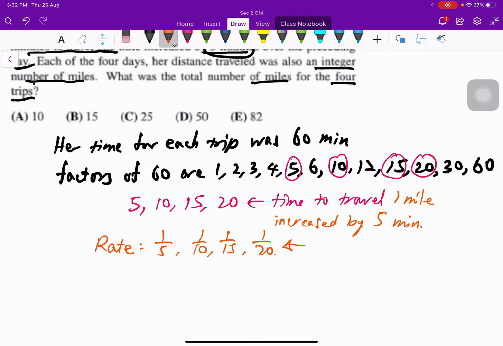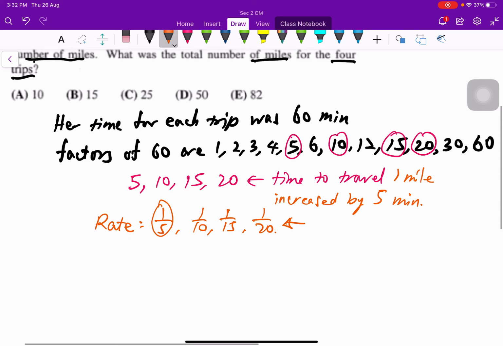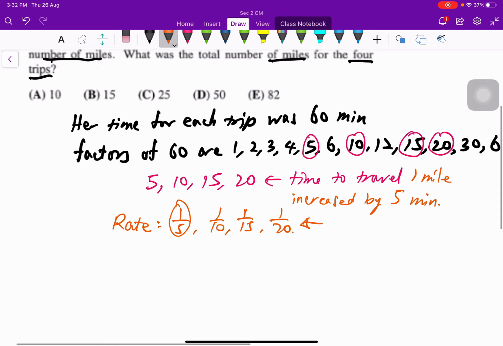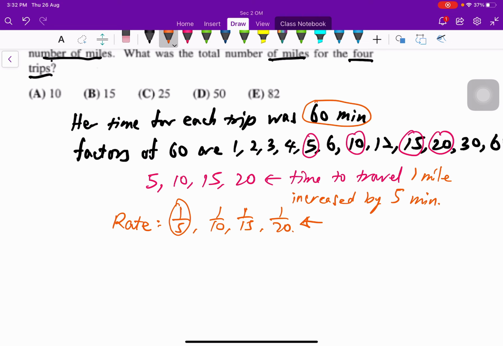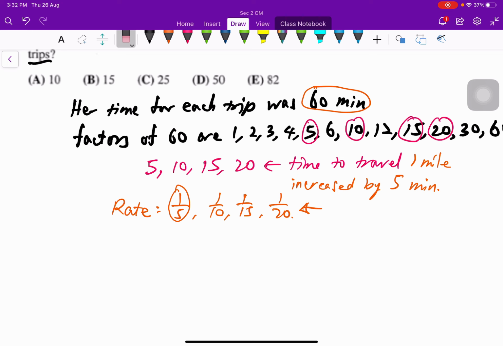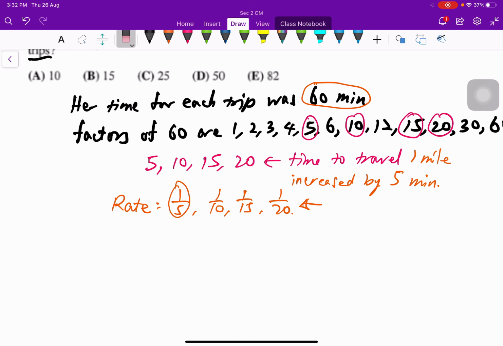Can you see that when your rate is 1 over 5, what is the distance covered? That means you cover a distance of 12 miles, because of 60 minutes. Speed multiplied by time gives you the distance.